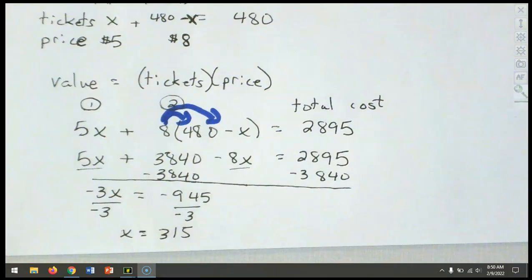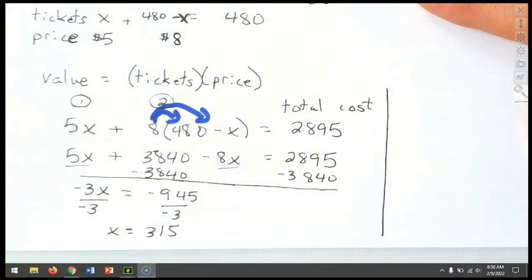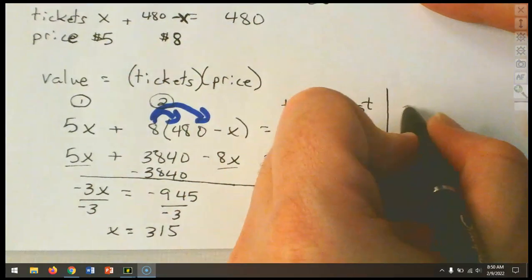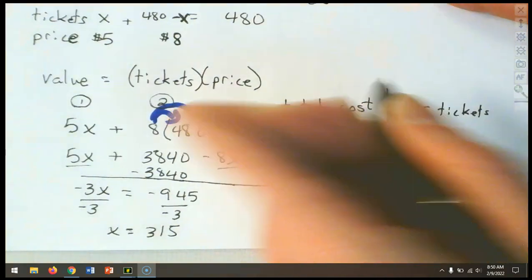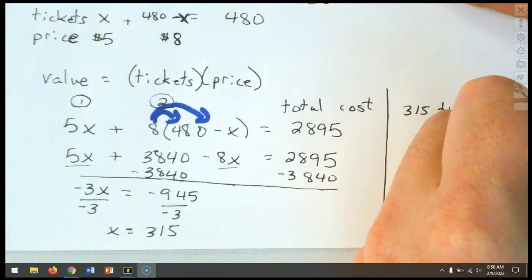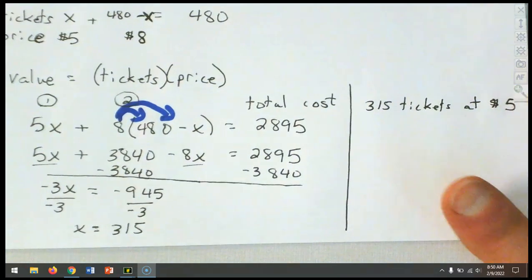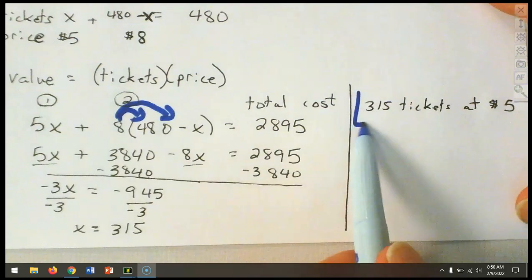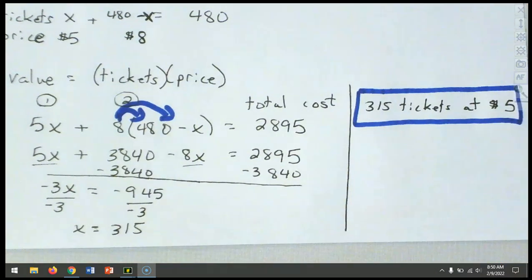Now, what's our answer going to be? Okay, we want to know how many of each type of ticket that we have. So we have 315 tickets at $5, right? Those are going to be the $5 tickets, 315 tickets at $5. And we need to also know the $8 tickets. How do we get that?